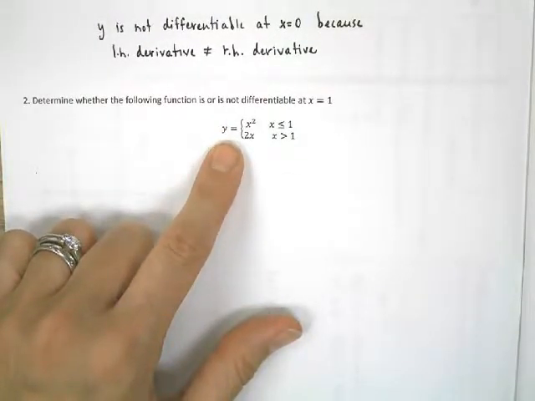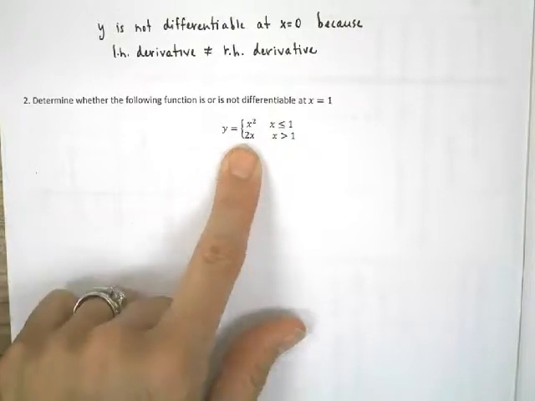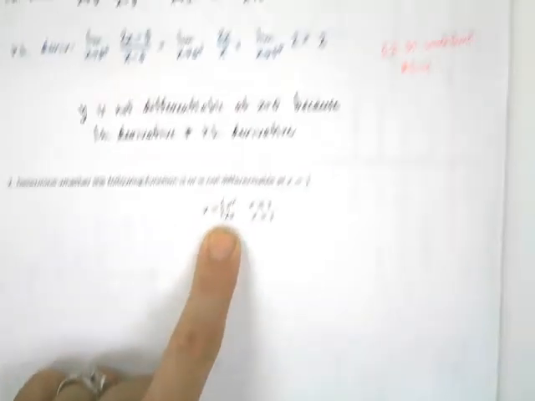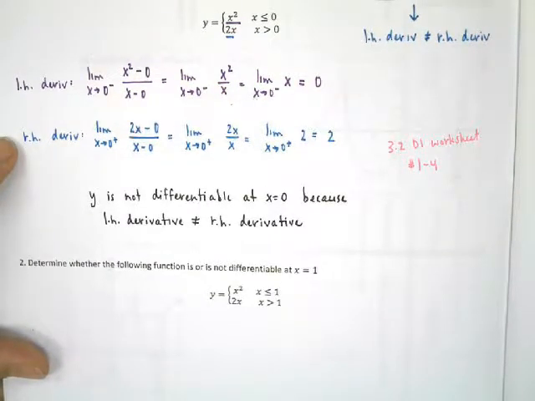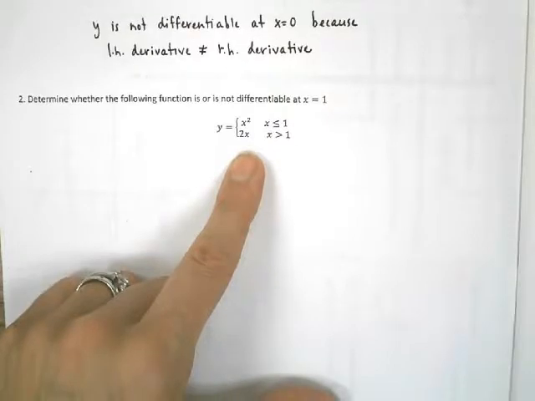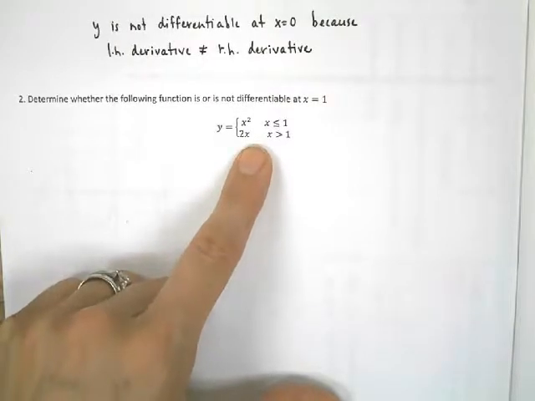And so one thing that I actually should have done in the example above: whenever I have a piecewise function, I shouldn't jump right into finding the left-hand and right-hand derivative. We know that one of the things that can happen with our piecewise function is that we may not even be continuous there. And if there's any type of discontinuity, we're not differentiable.